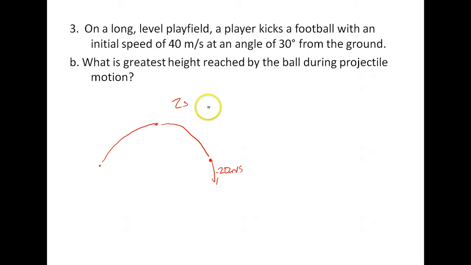We need to figure out the height, y. So our givens: time is 2 seconds, and the final velocity is 20 meters per second vertically. The initial velocity vertically, as it starts up here at the top, is 0. There's only horizontal velocity at this point, so the vertical velocity is 0.